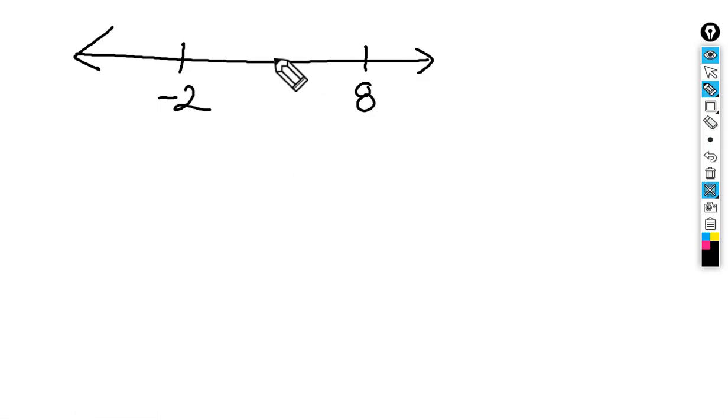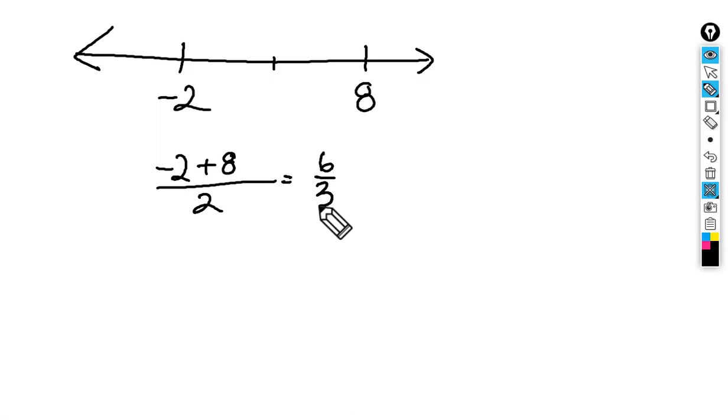Okay, so the first thing I have to do is find the distance number. Now you can do it visually, or you can actually add those 2 endpoints up and divide them by 2. Okay, so this is the center. Let's make that yellow.